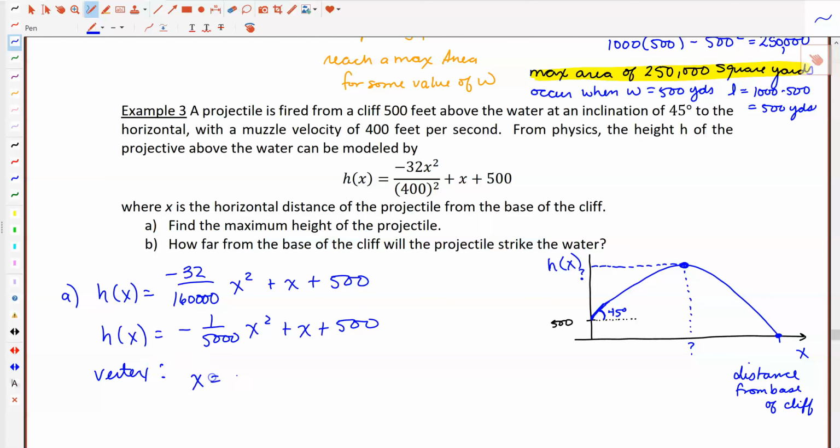The x-coordinate of the vertex is going to happen at negative b over 2a. So it'll be at negative, and then my b value is 1, over 2 times my a value, which is negative 1 over 5,000. So I'll have negative 1 over, and then the denominator will have negative 2 over 5,000.